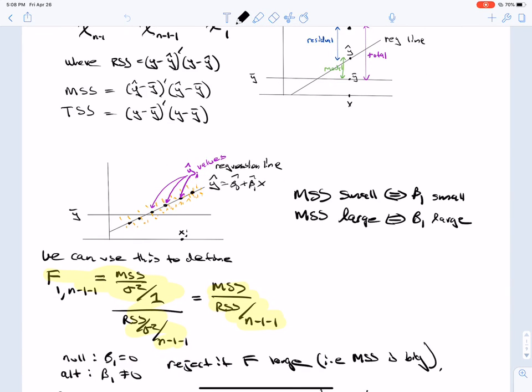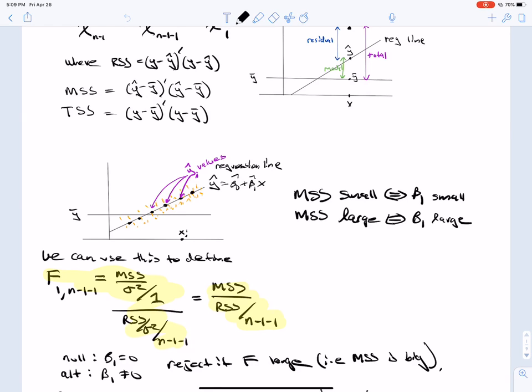So the regression line here is shown, and in particular the values yi hat on the regression line, and the MSS is the model sum of squares, the sum of distances from the yi hat to y bar squared.